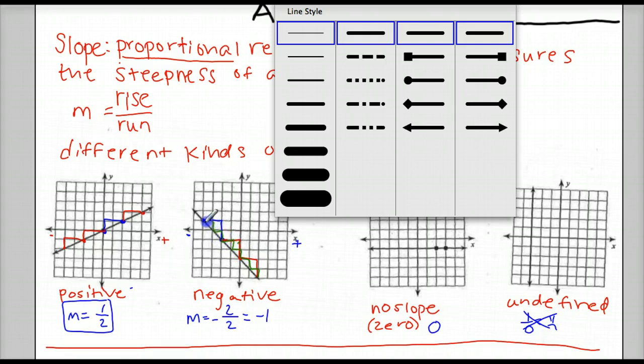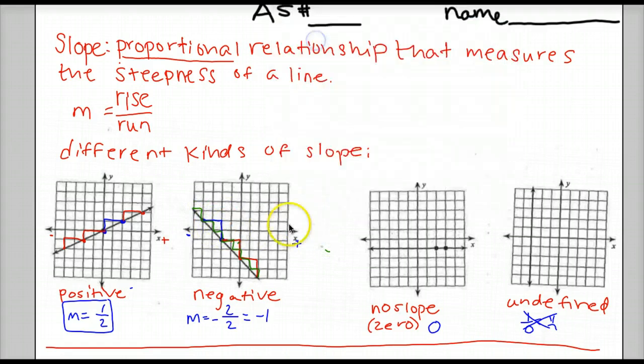This pattern just keeps going. And this is proportional because they're like fractions, right? 2 over 2 is like 1, or excuse me, -2 over 2 is like -1. So either way you look at this, it is proportional.